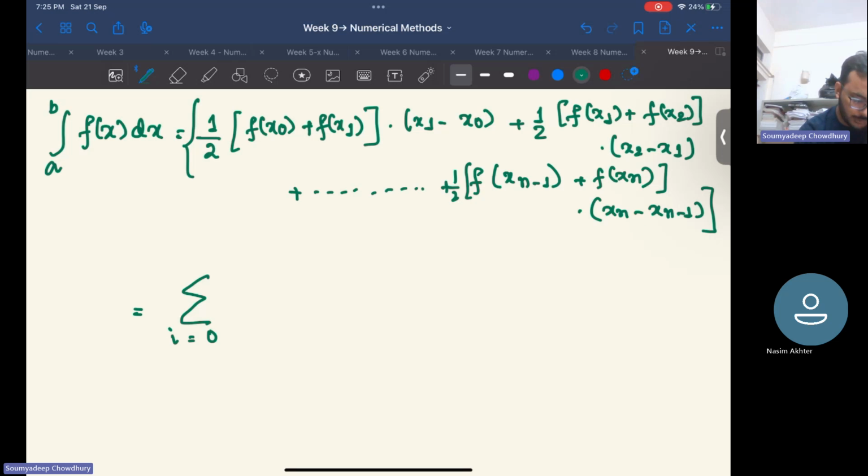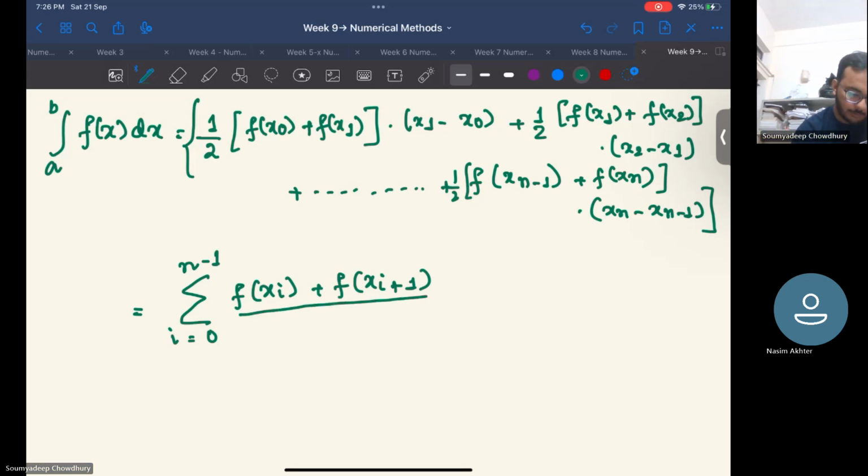Summation i equal to 0 to n minus 1, f of xi plus f of xi plus 1, by 2, into xi plus 1 minus xi. Since I'm starting from 0, it is n minus 1. If I start from 1, it will be n.